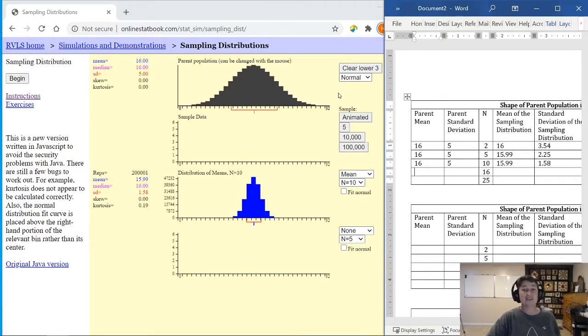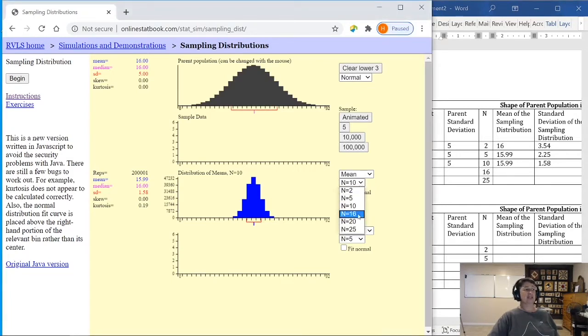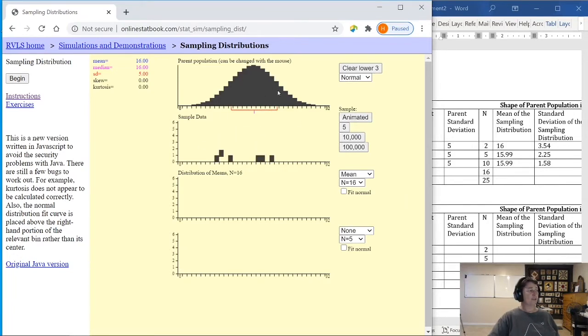Let's increase the sample size again. Let's increase it now to 16, and just see what happens. Does it change anything as that sample size gets larger? So I'm pulling out 16 women's heights from this parent population. I'm going to find the mean of these 16, and that mean goes there.